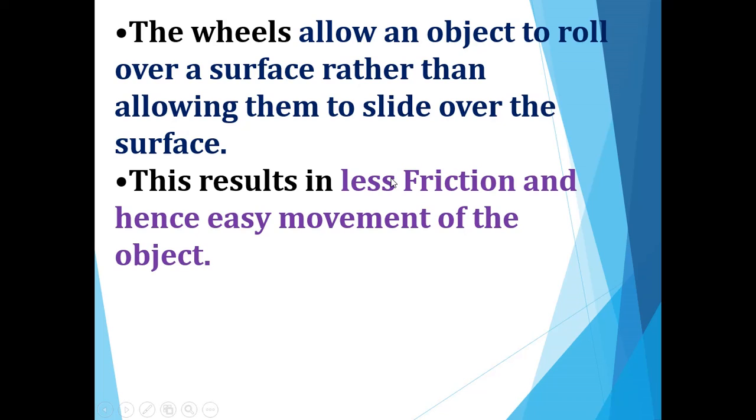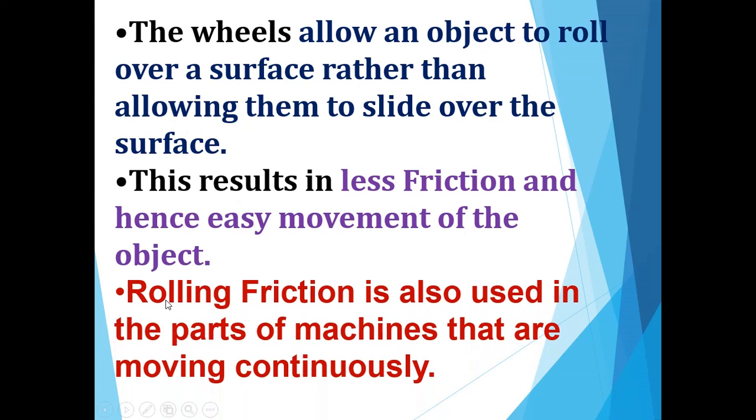So as the wheels allow an object to roll, it will reduce the friction and hence easy movement of the object is possible. Rolling friction is also used in some parts of certain machines which move continuously.